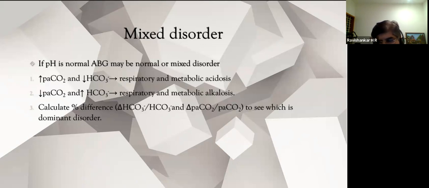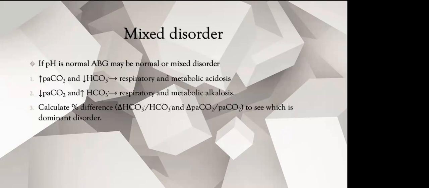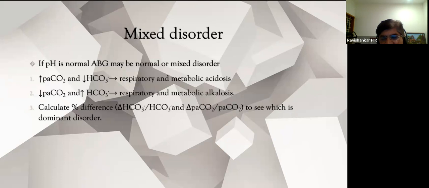You have to look at the clinical picture and see what the problem is, and then look at the blood gas, and then you can say whether it is just compensation or two different disorders occurring in unison. Any questions? Any doubts? Okay, carry on. Let us go back to the blood gas interpretation.